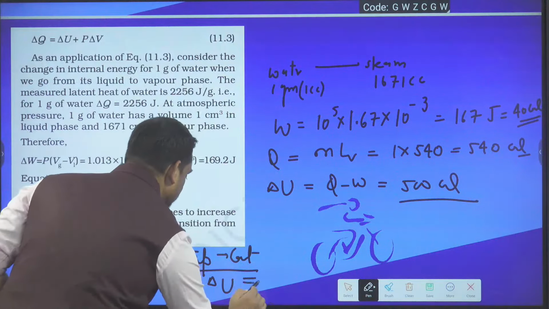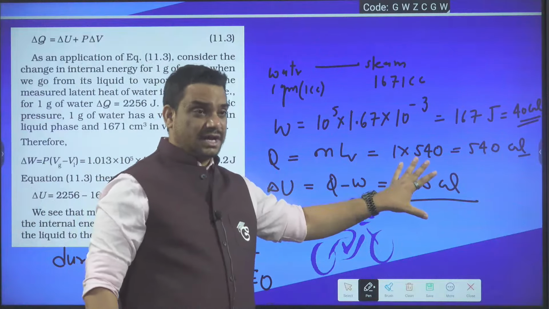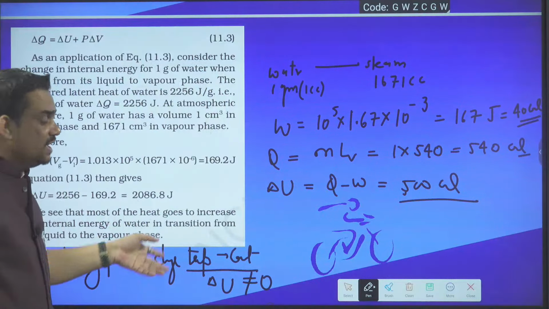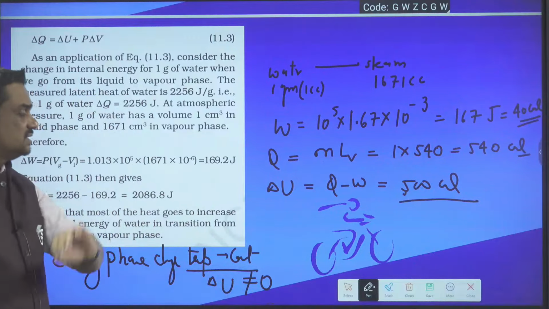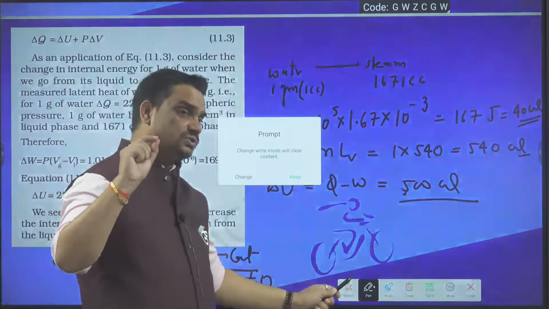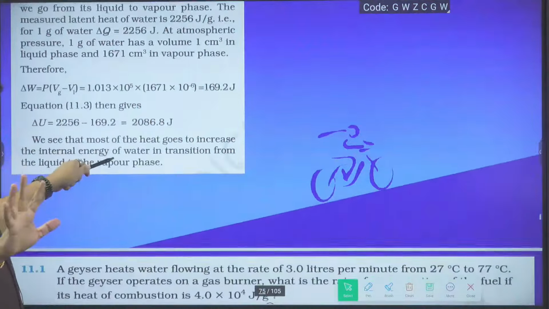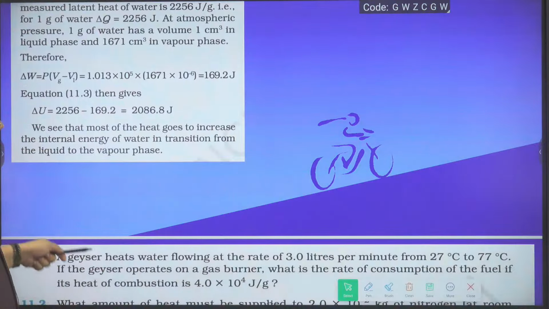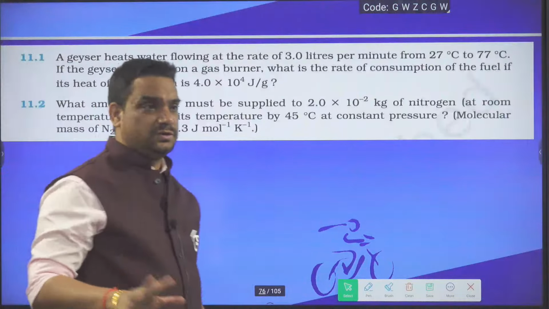We have calculated here that delta U is 500 calorie. So remember, whenever the phase is changing, even though temperature is constant, the change of internal energy is not 0. This internal energy is used to change the phase. Temperature constant does not mean delta U is 0. It is only 0 for gases. These are the 2 questions you have to solve from the marked.